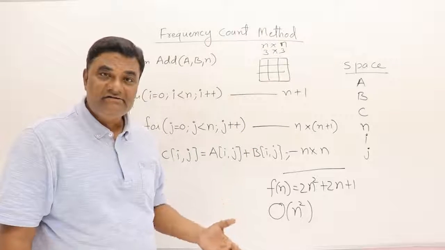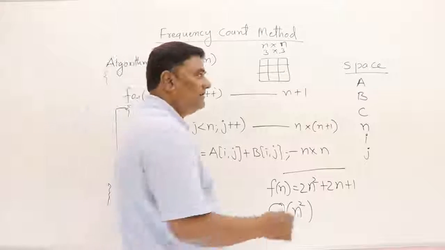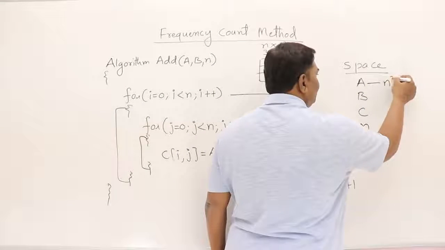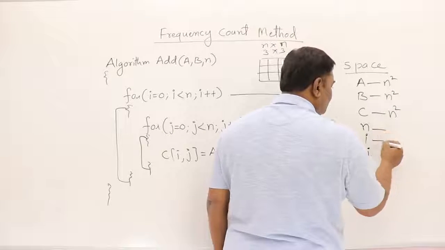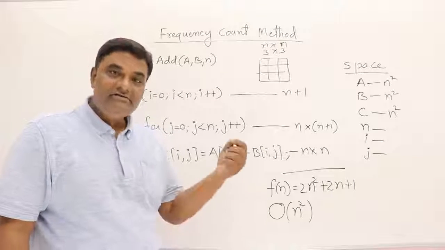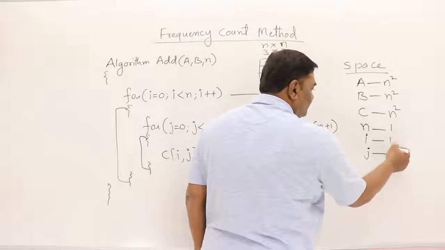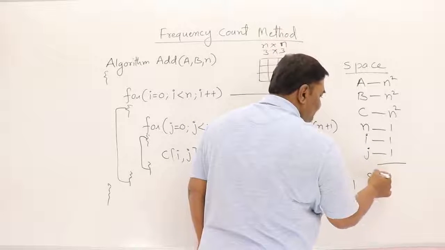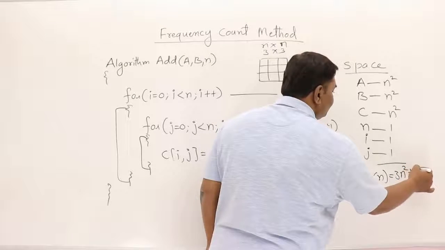They are matrices, two-dimensional arrays, n cross n. So n square, n square, n square. What are N, I, J? They are scalar variables, simple variables, one word each. So the space function is 3n square plus 3.